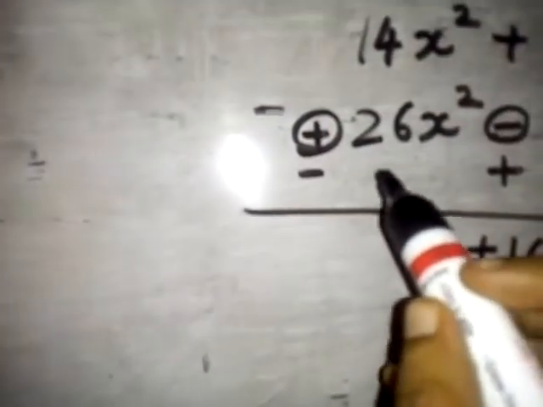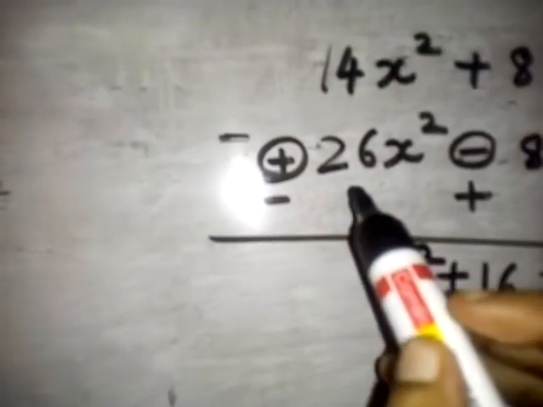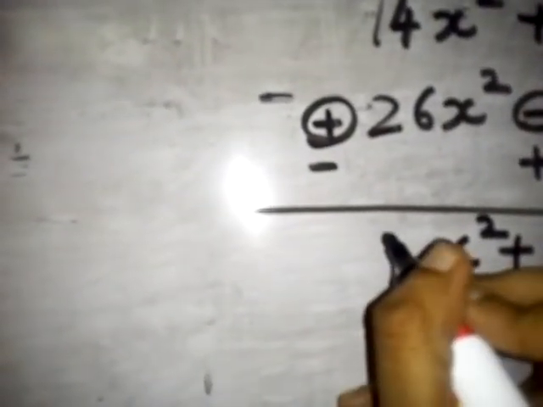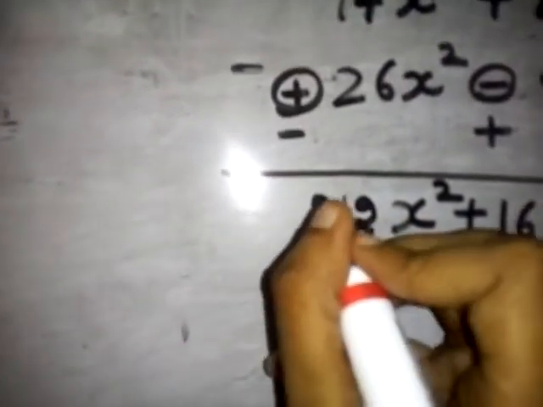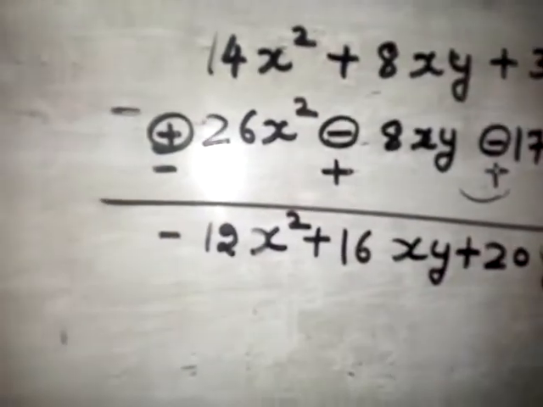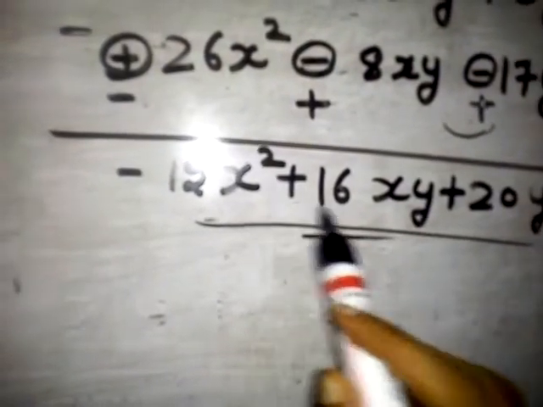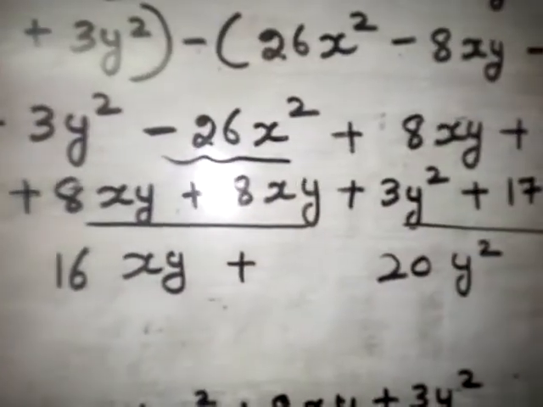Then x square, 26 minus 14 is 12, because minus into plus is minus, greater number with sign minus. In both horizontal and vertical arrangement, your answer is the same. This is unlike terms, you don't have the same variables, so you cannot add or subtract the numbers. Thank you.